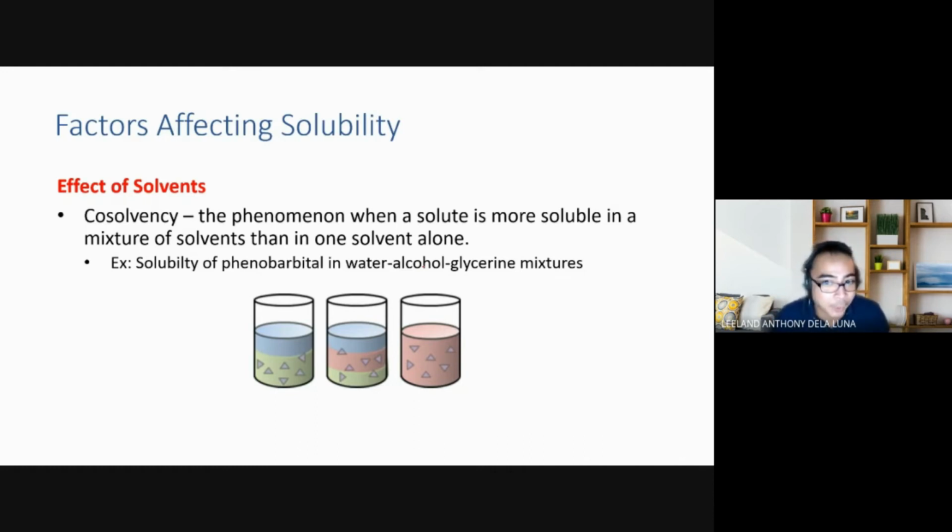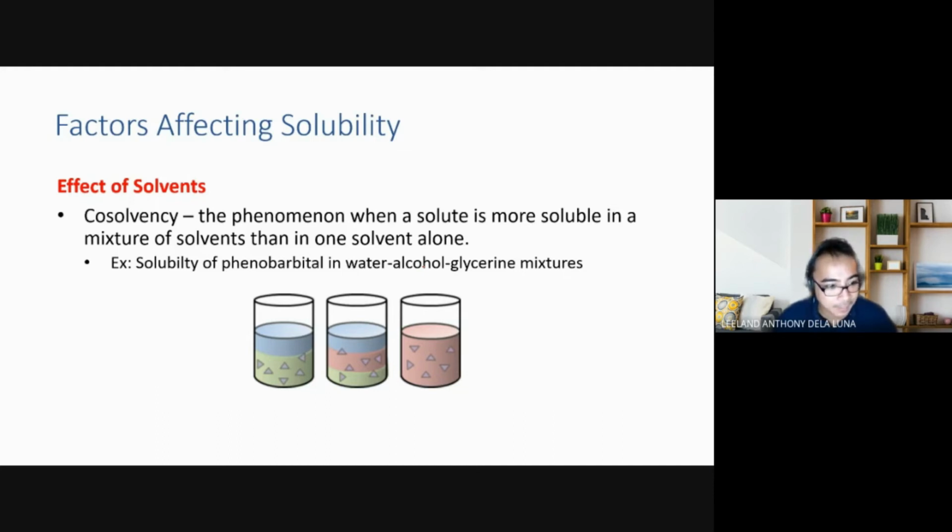May maraming hydroxyl functional groups ang glycerin and alcohol, which allows it to dissolve in water. Are we good? Kaya makaka-produce ka pa rin ng homogeneous mixture with the combination of water, alcohol, and glycerin. Okay, so I'm using three solvents here just so that phenobarbital can dissolve. So that phenomenon is known as co-solvency.